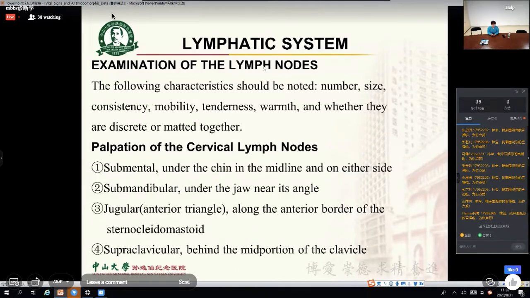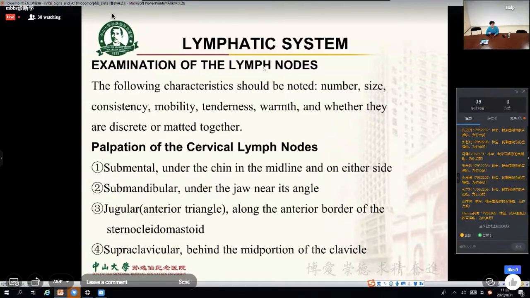Palpation of the cervical lymph nodes is important. There are different groups that you need to remember in the cervical region. Submental lymph nodes are under the chin, in the midline and on either side. Submandibular groups of lymph nodes are under the jaw and near the angle of the mandible.